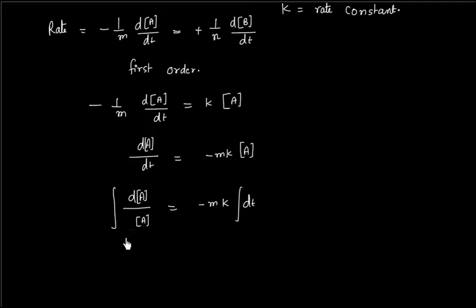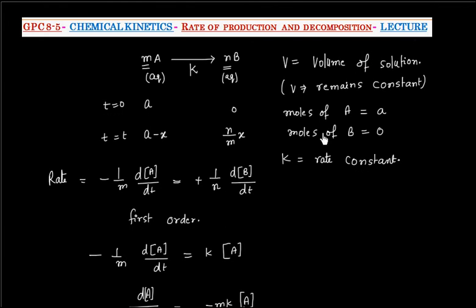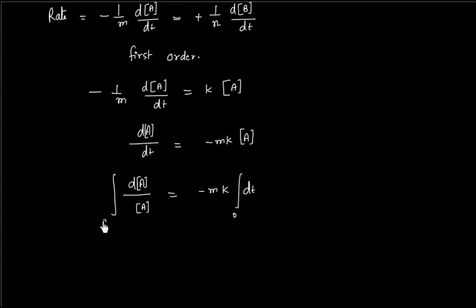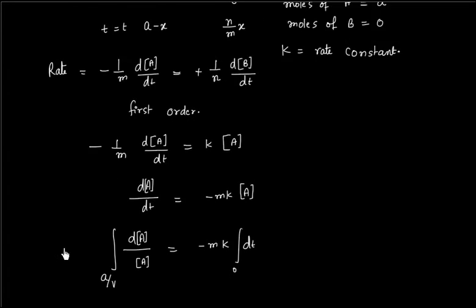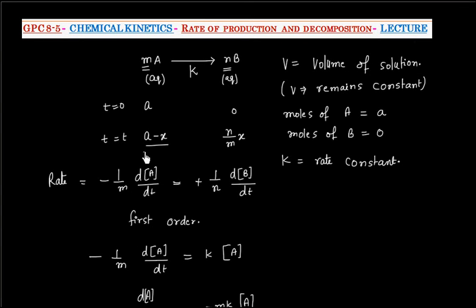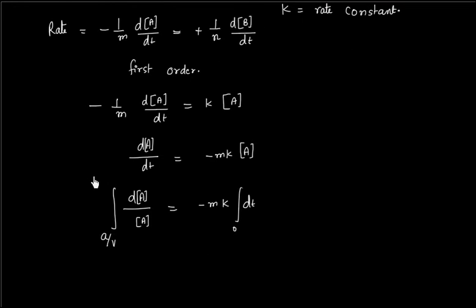Now we can integrate this equation. At t equals 0, we have only moles of A, that is A, so concentration is A by V. At t equals t, moles is A minus x. So concentration is mole by volume.